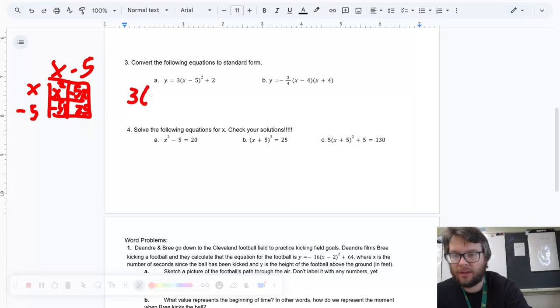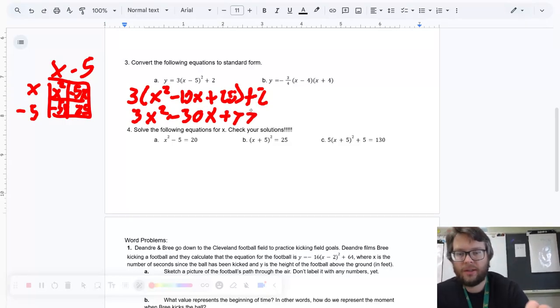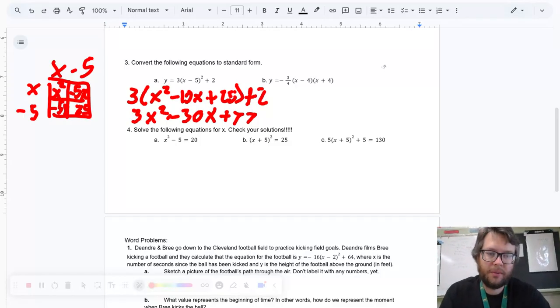So I have 3 times x squared minus 10x plus 25, and I have a plus 2 on the end. Distributing the 3 gives me 3x squared minus 30x, and then I have 75 plus 2 more is 77. That's standard form.